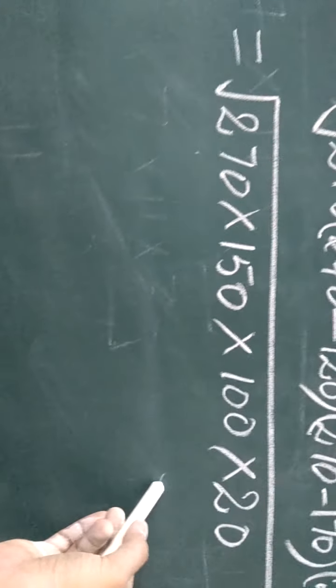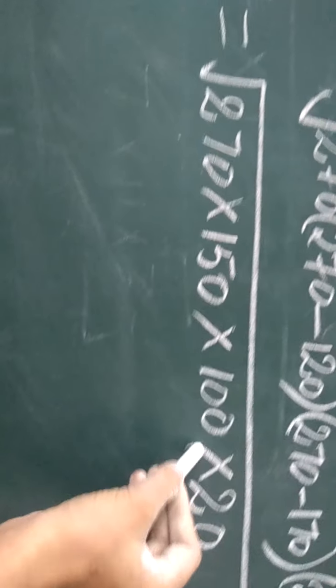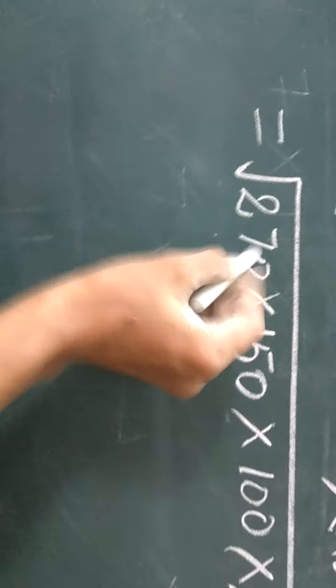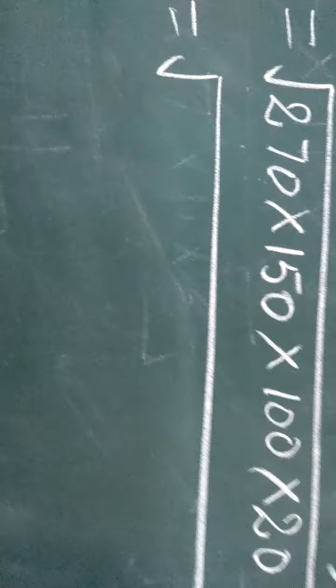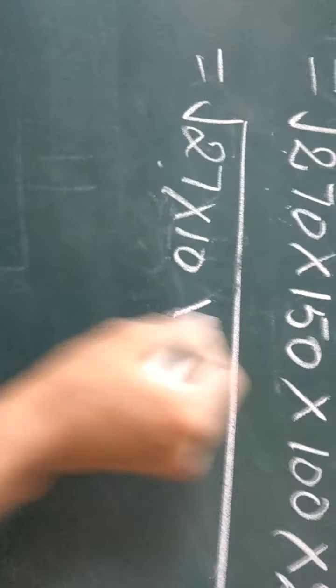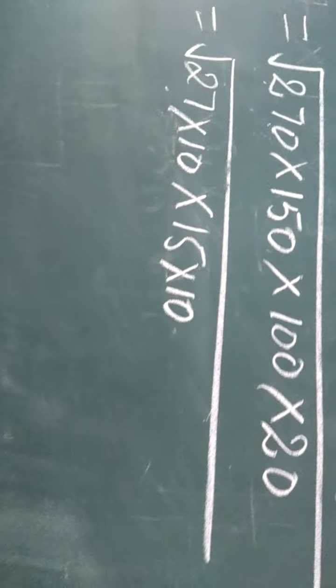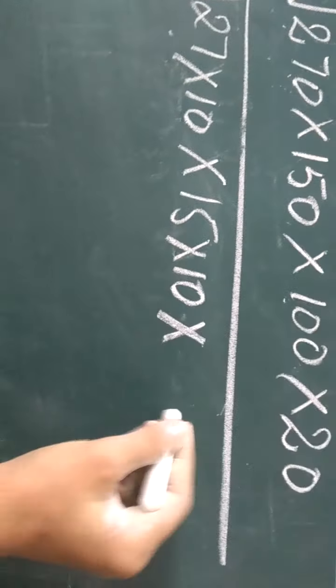So now prime factorize it, either by prime factorization method or you can do it directly. You can see 10 is always there with every number. Can I write it as 27 into 10? 27 tens are 270. Then 15 into 10. We can do the oral calculations instead of doing prime factorization. Then 100 can be written as 10 into 10. Then 2 into 10 like this.